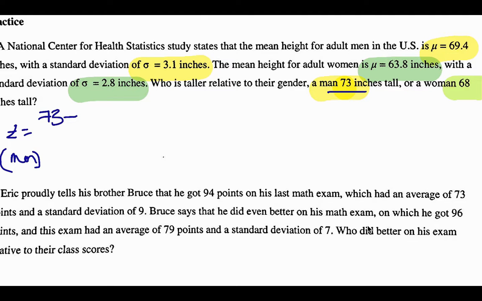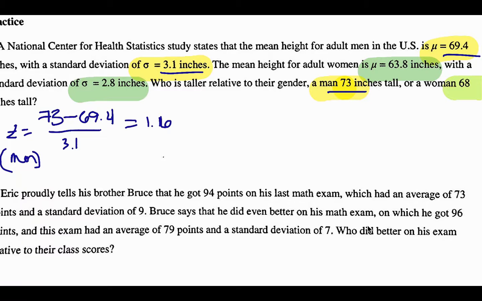Our average was 69.4. And we divide that by our standard deviation. Notice I'm underlining each of these values, and that's what's going to help me make sure that I use all of the information and all of the right information. When I put that in my calculator, and we'll round to 2 decimal places since it was given to us in 1, we get 1.16 for our Z-score.